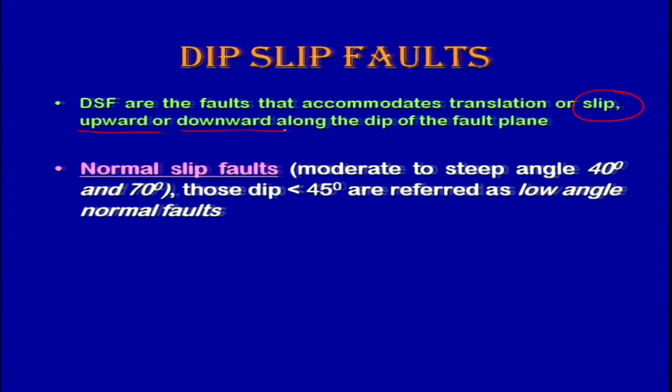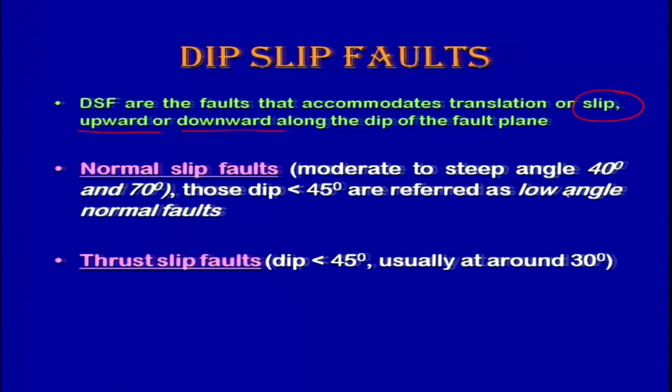Okay. So if you classify the normal faults, they are moderate to steep angle, 40 to 70 degrees, and those that dip less than 45 degrees are referred to as low angle normal faults. Thrust faults dip less than 45 degrees, usually around 30, and the reverse fault dip is greater than 45 degrees.